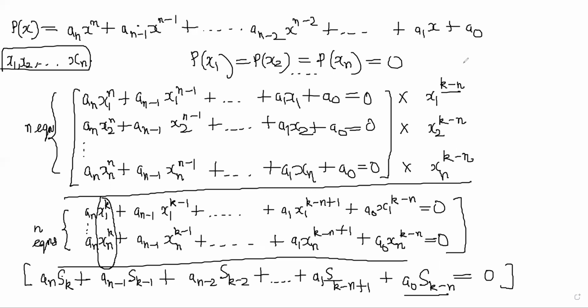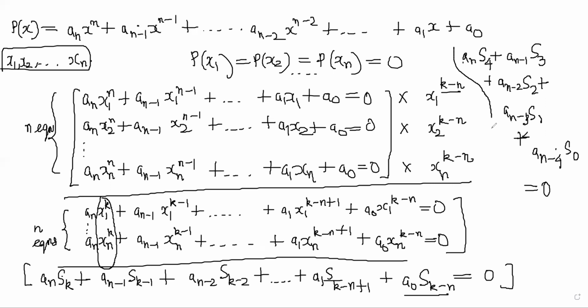Like we got, let's say s4, we'll get an minus 1 s3 plus an minus 2 s2. And if it was a fourth degree equation, you will have an minus 1 s1, right? Like x power 4, ax cube, bx square. And one final term will be the constant into s0 is equal to 0.